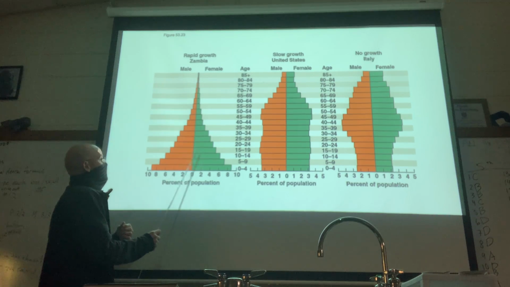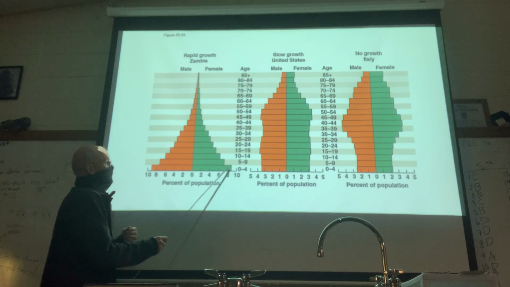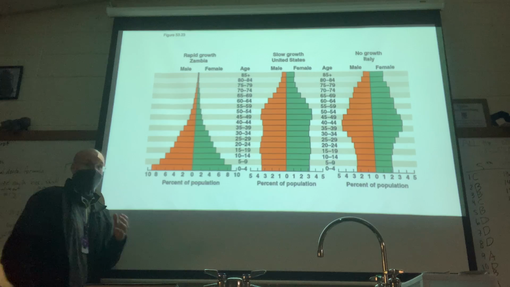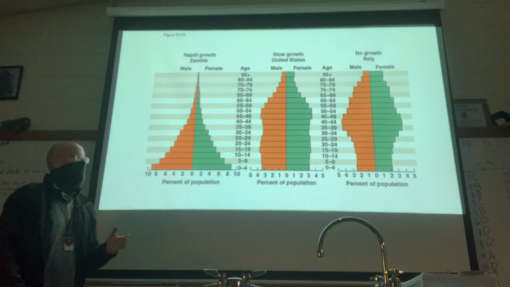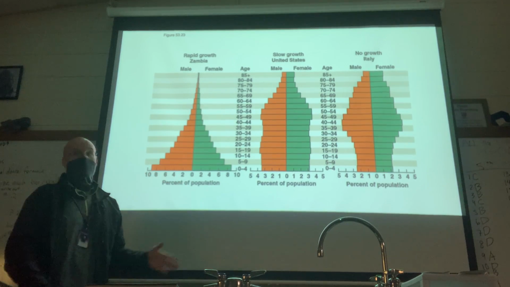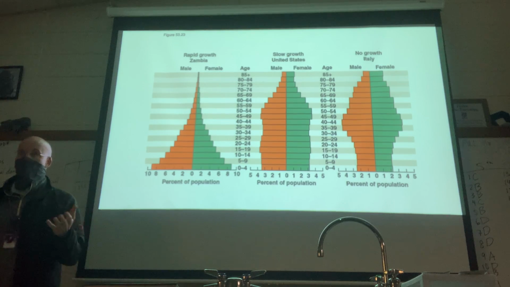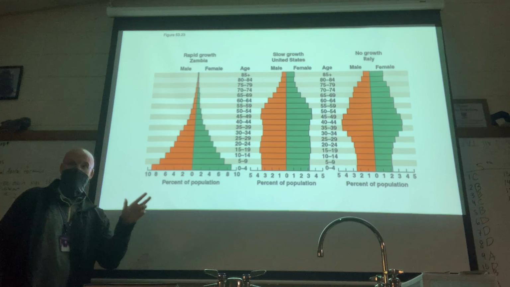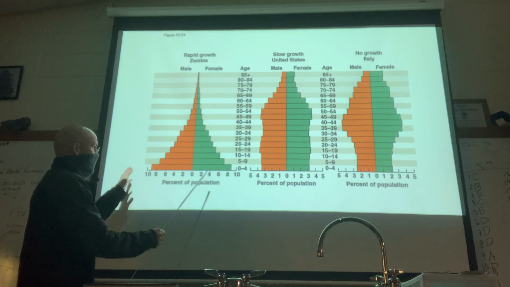You have color-coded males and females. Every bar or layer here is an age range. And the wider the bar, the bigger the percentage or proportion of the population of people are at that age range and gender.